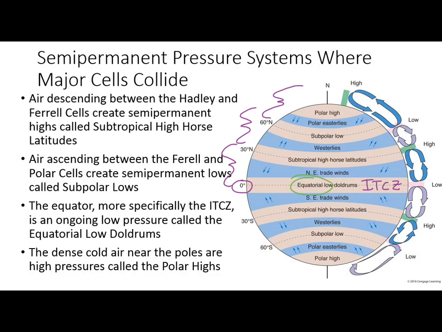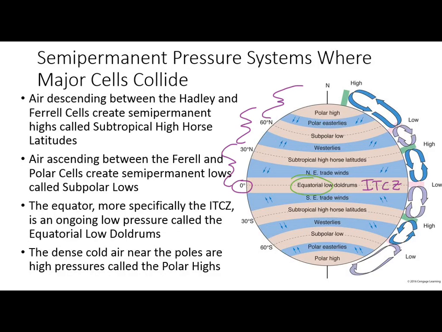So now let's go back to this just a little bit. We said that the air goes down or descends about 30 degrees in both hemispheres. So that descending air creates what we call a semi-permanent high. So that's what we're after for this second one right here. You see where it says subtropical high?